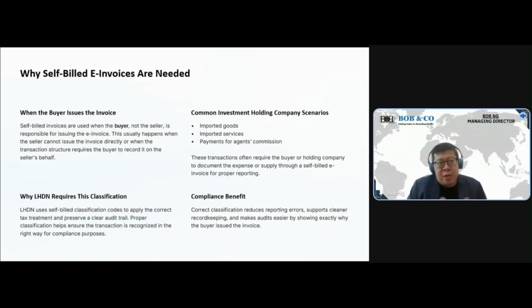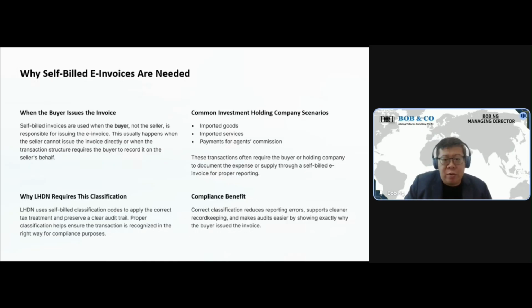There are also certain circumstances when the company actually needs to self-bill the invoices themselves, right? And when is this typically required? Some of the common scenarios are when you import goods from overseas. I mean, your overseas suppliers will definitely not send you an e-invoice. And when you buy things from overseas, you would have to self-bill the e-invoice yourself.